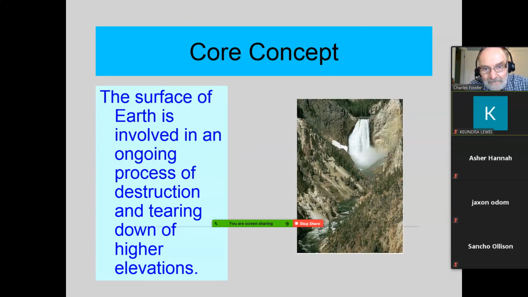Okay. Core concept here on your page 505 or 20-1. The surface of the Earth, we're talking crust type surface, is involved in an ongoing process of destruction and tearing down of higher elevation and building up the lower elevations.